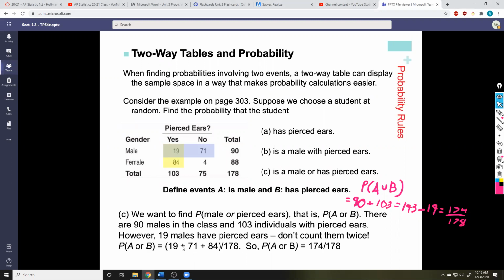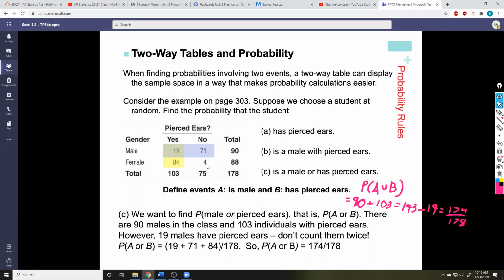The other way that you can do it is that you can count all three of the sections. The easier way to do that is to say the probability of male or pierced ears is 1 minus the probability of being neither. If they're not male or have pierced ears, then that means they've got to be these 4 people.